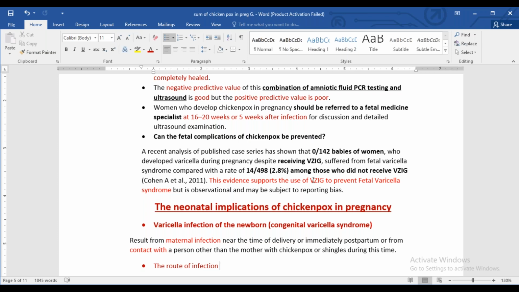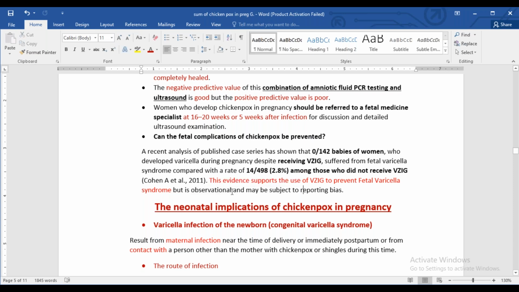They said that the mothers who took varicella zoster immunoglobulin once they were exposed to infection, this prevented fetal varicella syndrome from happening. But they said it's observational, there is no very strong supporting evidence, and it may be subject to reporting bias.